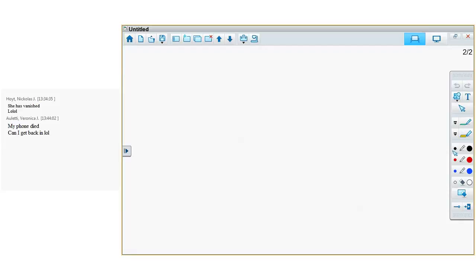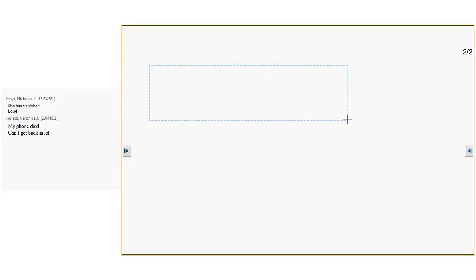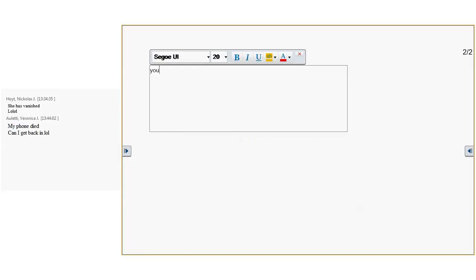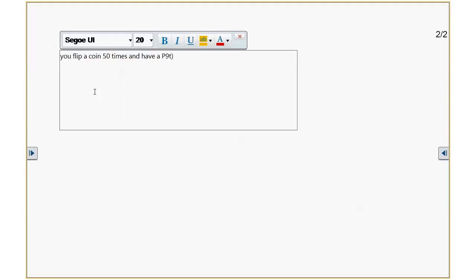I said, here's an example. Oh, I got to tell y'all to write it down. You flip a coin 50 times and have a probability of tails equaling, we'll say, 0.4.